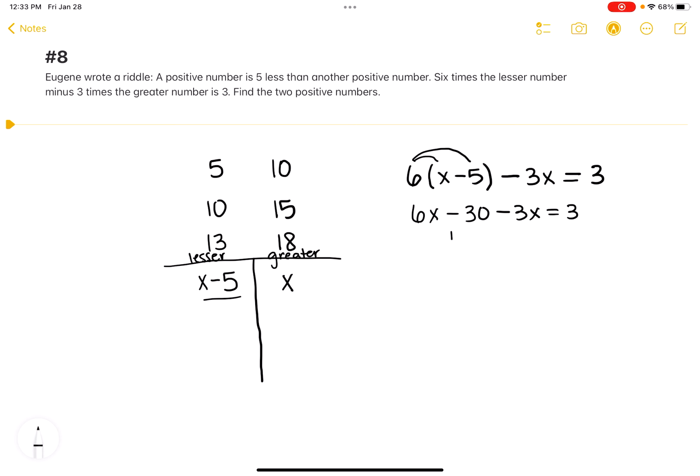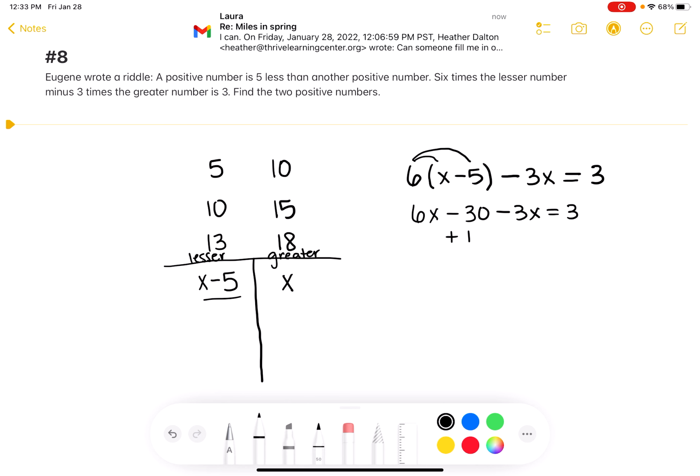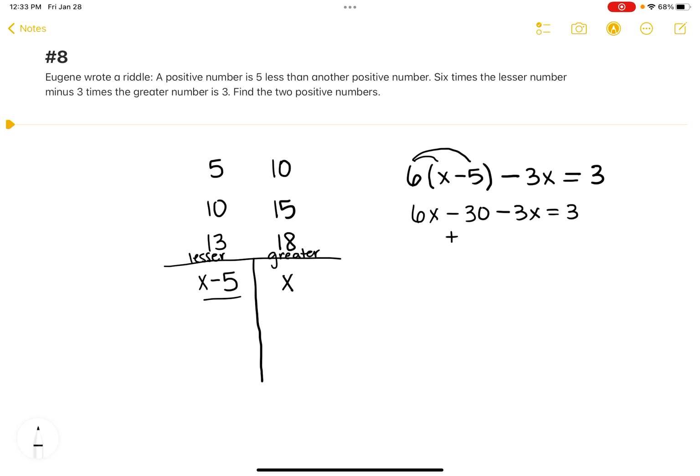The next step is we're going to add 30 to both sides here, plus 30, and we need to combine this and this as well. So 6x minus 3x would combine to be 3x, 6 minus 3. And then that cancels out, and we have this equaling 33.